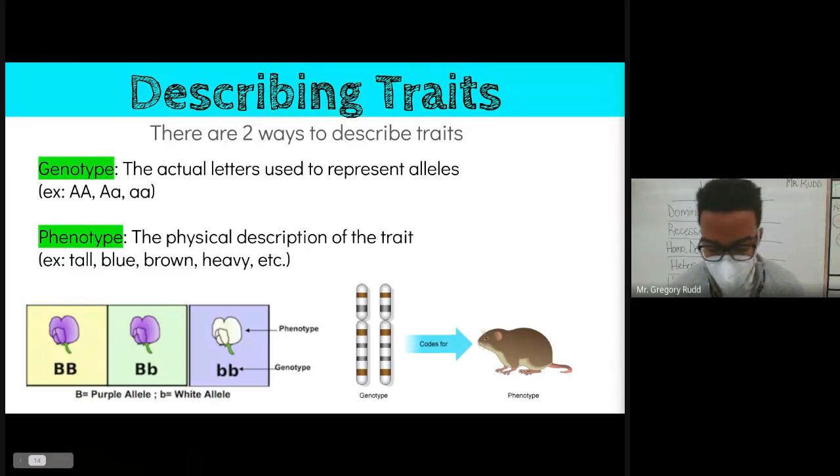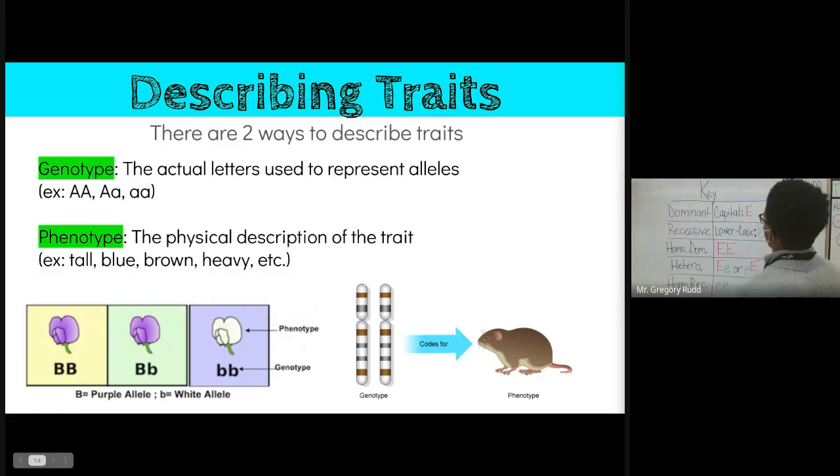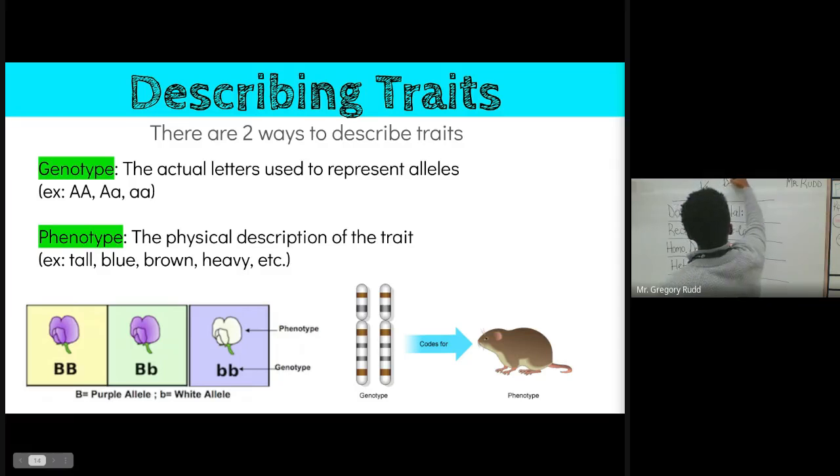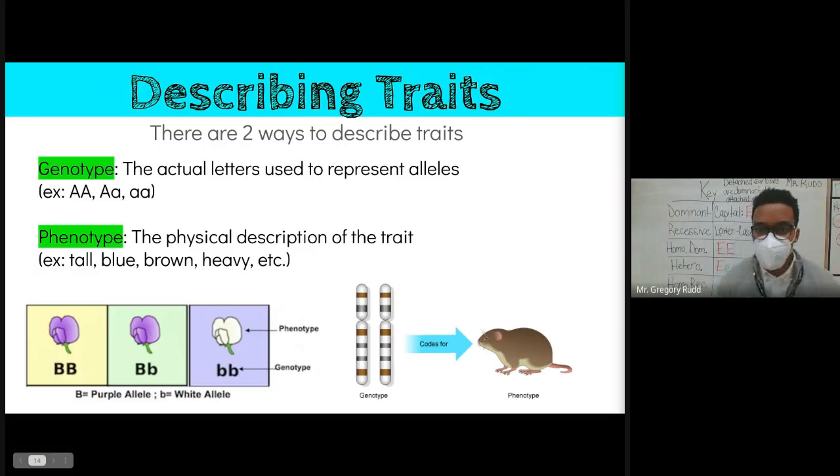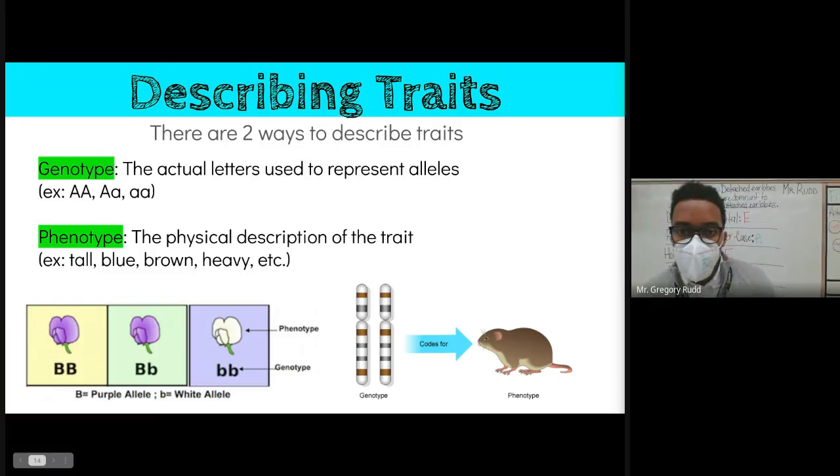So here's how we would kind of write this. Detached earlobes are dominant to attached earlobes.